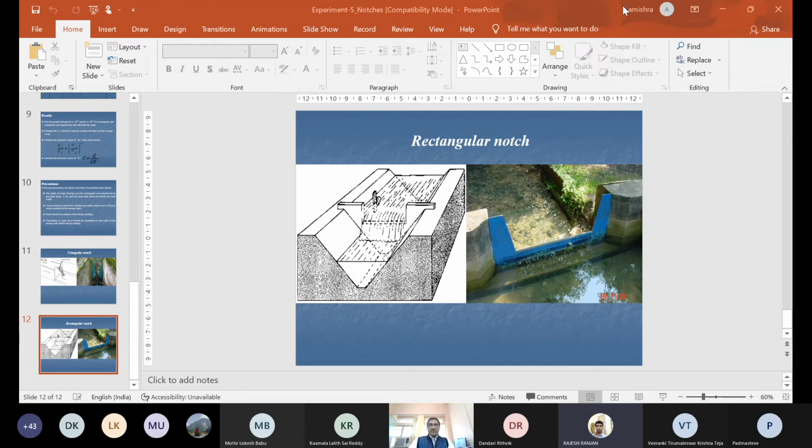Then I will give you observations for these two weirs. The video is just for your understanding of how it works. And observations I will give you for rectangular and triangular weirs. So you need to learn the process, watching this video and doing analysis or calculation of the observations for discharge and head.